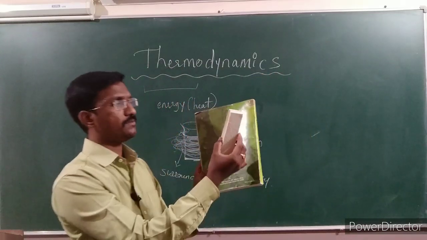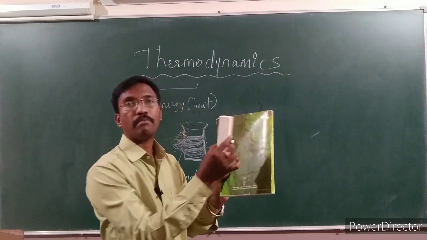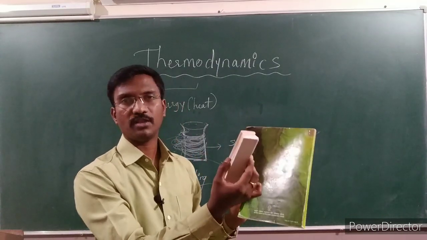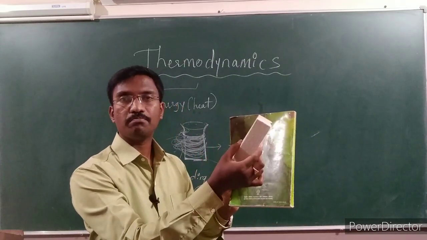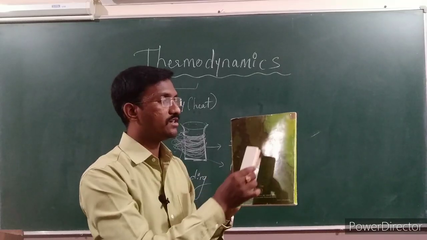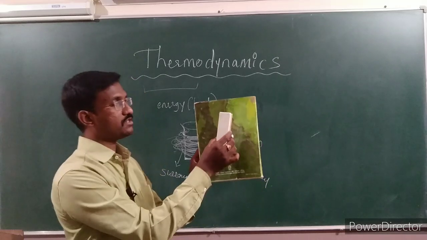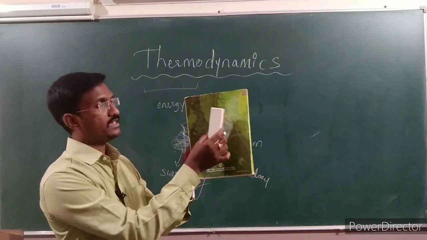So here, what is system? System is nothing but a part of the universe, a very small part of the universe, and apart from this part, the remaining universe is called the surrounding.